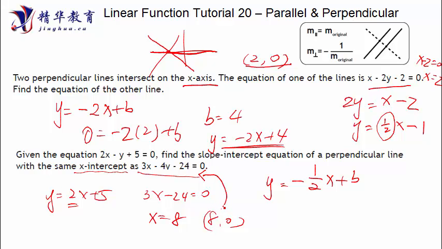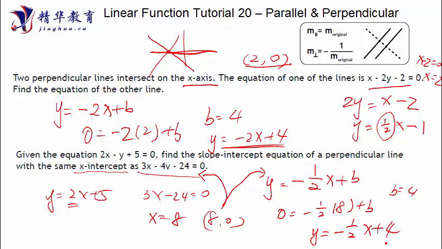So (8, 0) is also the x-intercept of our line because we have the same x-intercept. That means we plug 8 into the x position and we get b. 0 equals negative half times 8 plus b, then b equals positive 4. So our equation is y equals negative 1 over 2 x plus 4.